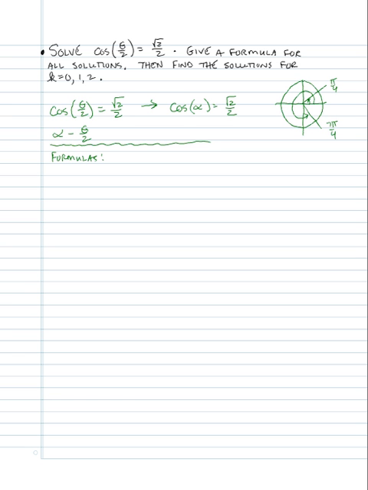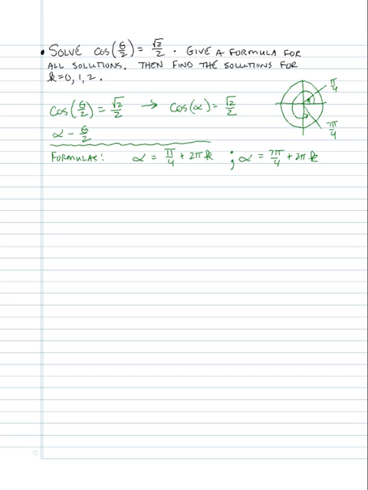And so we could say, alpha is pi over 4 plus any integer multiple of 2 pi. Or, when we're using the other angle, alpha could be 7 pi over 4 plus any integer multiple of 2 pi.